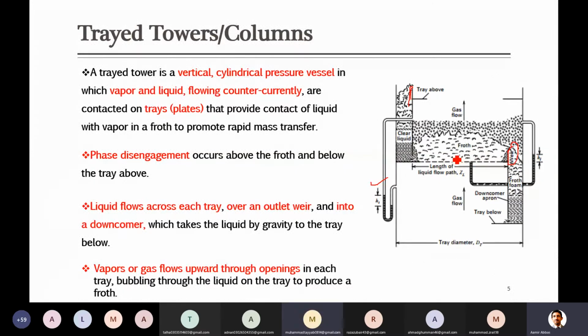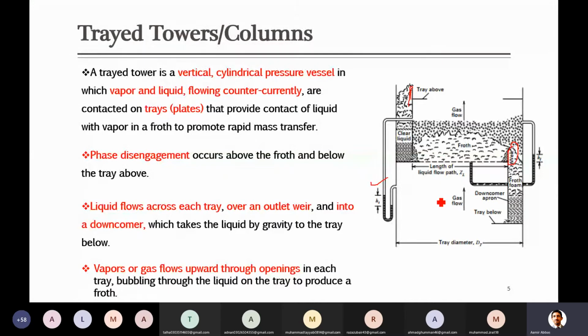You wanna say maybe from here through the holes of the plate? That can be one of the options, but you know that when liquid will be flowing down through these holes of the plate, vapor has to move towards the top.